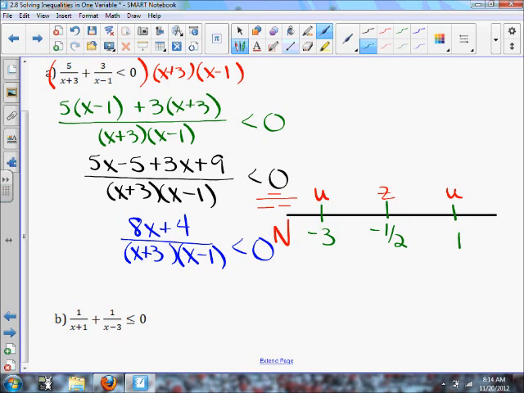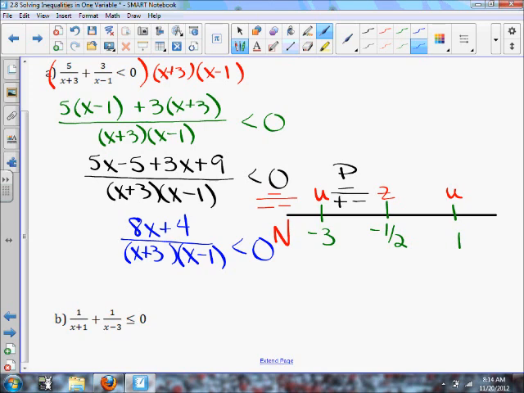Ashley, give me a number in between negative 3 and negative 1/2. Negative 2. Put negative 2 up here, I'll get a negative divided by a positive times a negative. How many negative signs do I have? 2 tells me it's even, which will be positive. The number between negative 1/2 and 1, Jim, is what? 0.